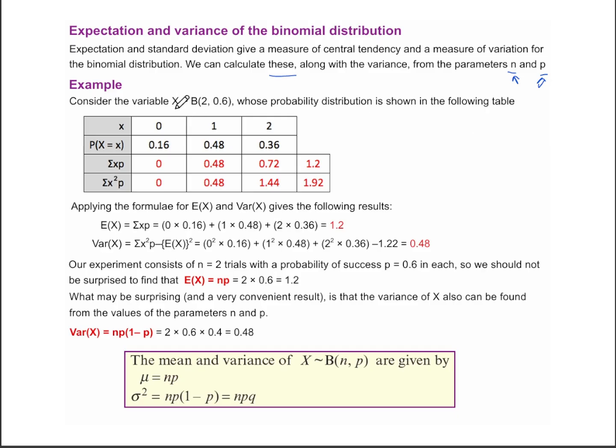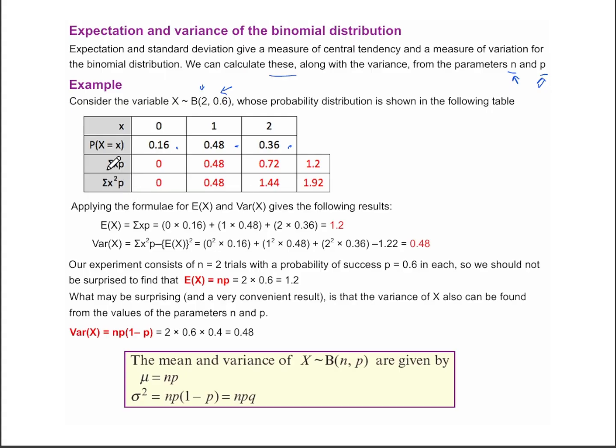Suppose we have an example, a very small distribution with just 2 independent trials and the probability of success being 0.6. Then the probability of you getting 0 successes is 0.16. The probability of you getting 1 success is 0.48, and the probability of you getting 2 successes is 0.36. You can confirm these 3 values using our known formula.